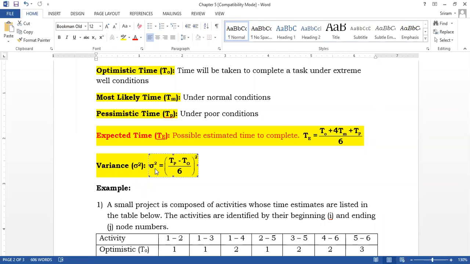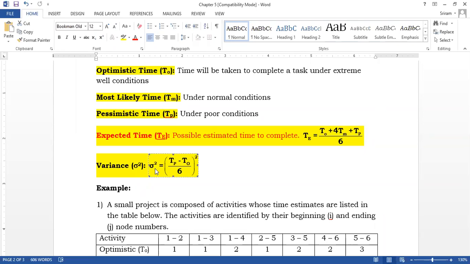You have to remember the rules, dear, and if you remember the rules, you can complete the problem very easily.